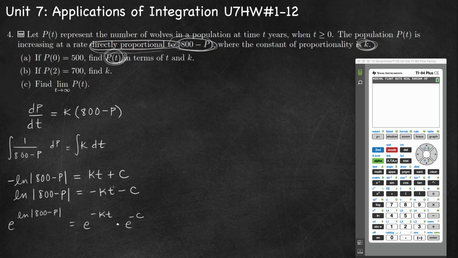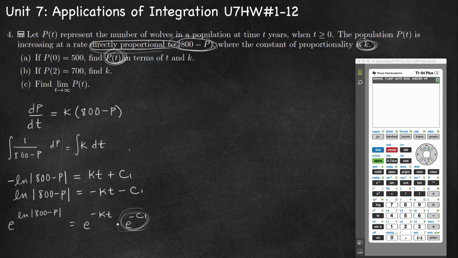So I split up e to the negative kt minus c using my exponent rule for adding exponents. And here I am going to simplify this. e to the negative c is a constant raised to a constant power. That's just another constant. It's just a new constant. So I like calling my constant c, but in order to call this new constant c, I have to call the old constant something else. So I'll go back and just call that c1.